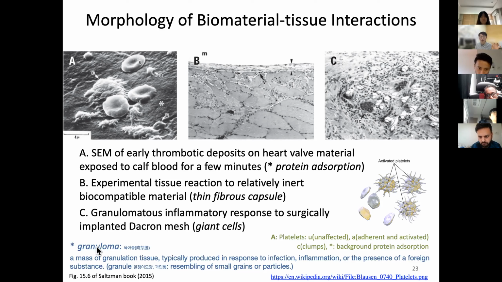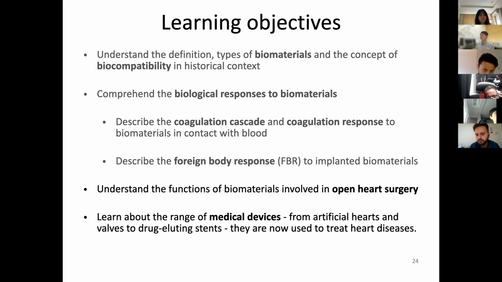Granule means grains, like rice. It comes from grain. And oma means a tumor, okay? So it's a mass of granulation tissue, produced in response to infection, inflammation, or a foreign substance. For example, TB or tuberculosis is also very famous for making a special type of granuloma, okay? So this is an example of that.